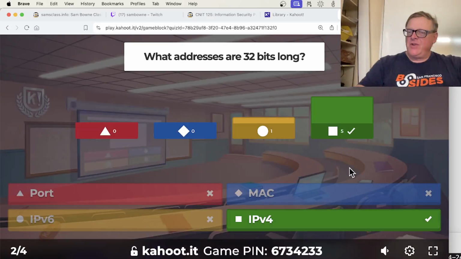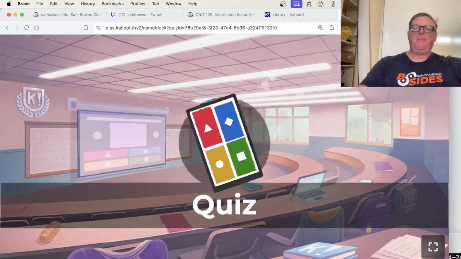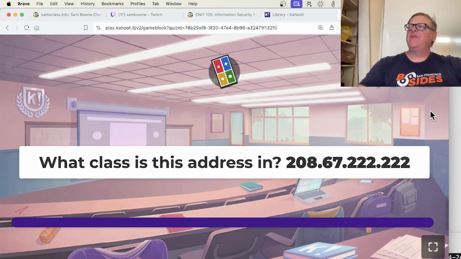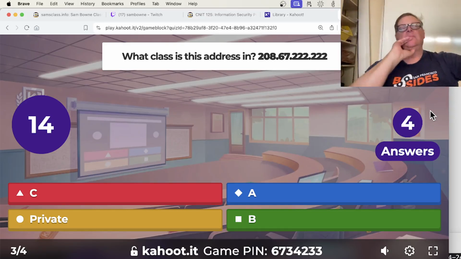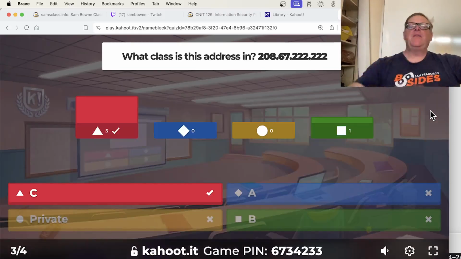IPv4 addresses. All right, what class is this in the old classful IPv4 system? That's class C. Up to 128 is A, up to 192 is B, 192 and above is C. You keep cutting the space in half.